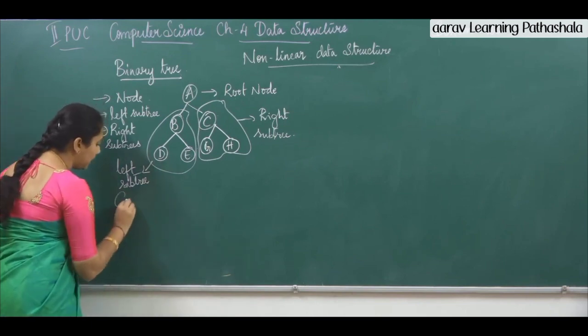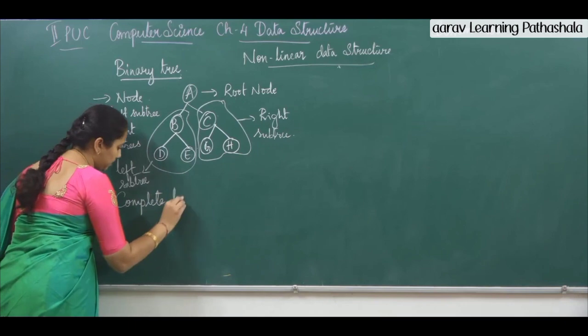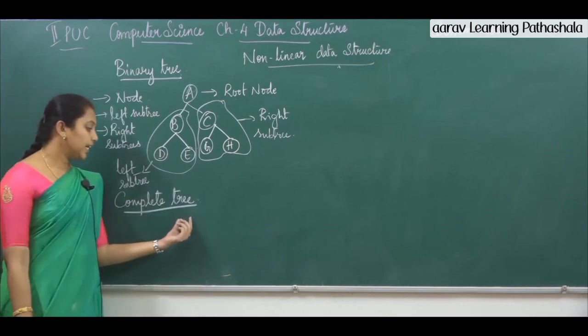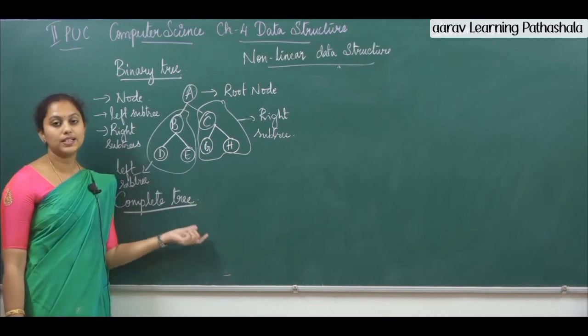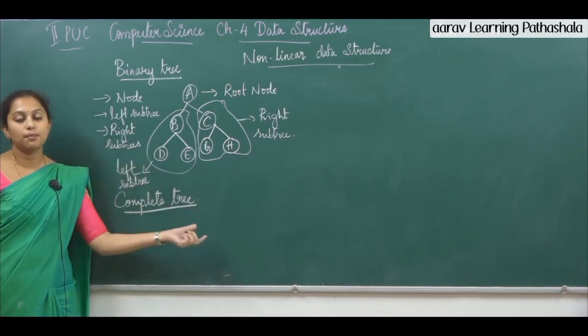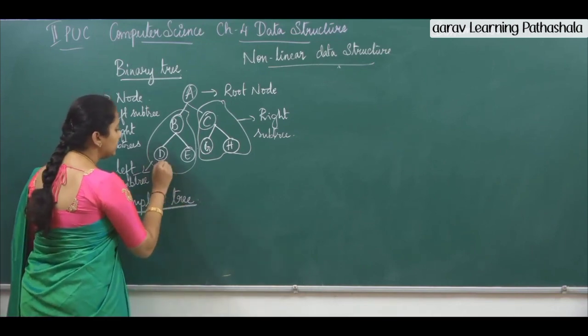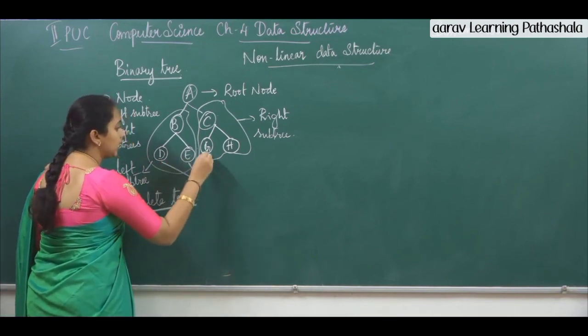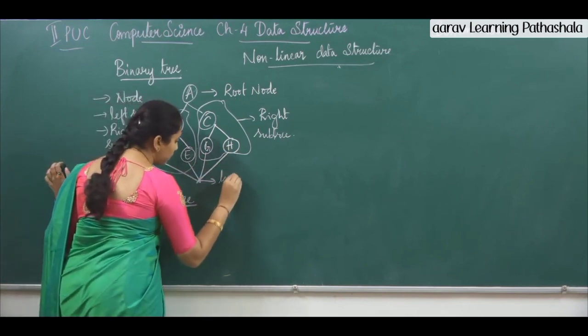Next is complete tree. What is the meaning of complete tree? A tree in which each leaf node should be at the same distance from its root node. See in this example, D, E, G and H are all the leaf nodes.